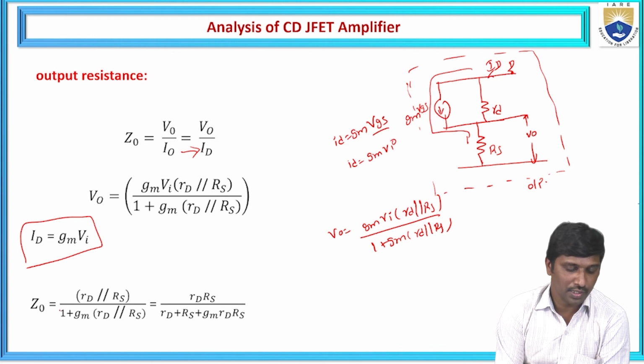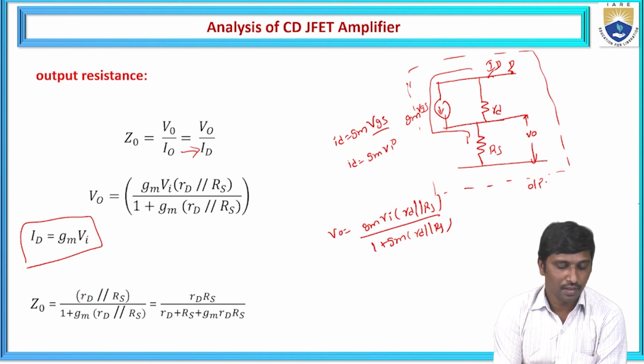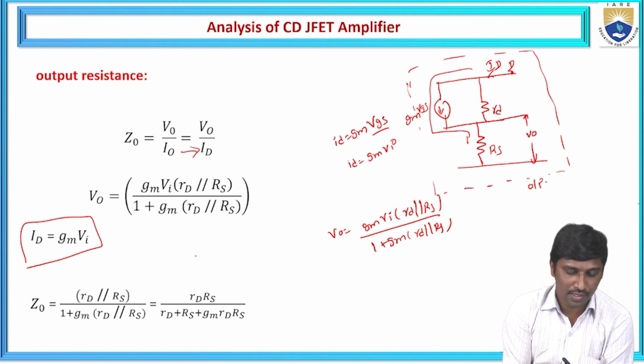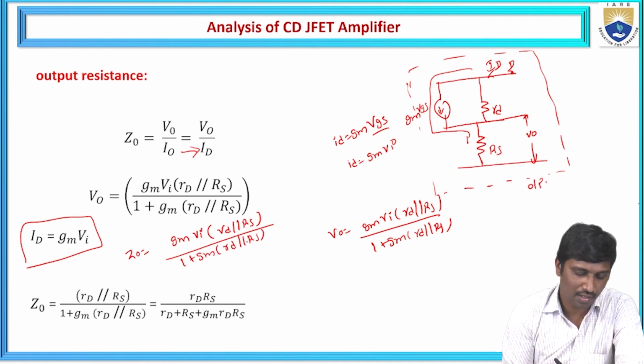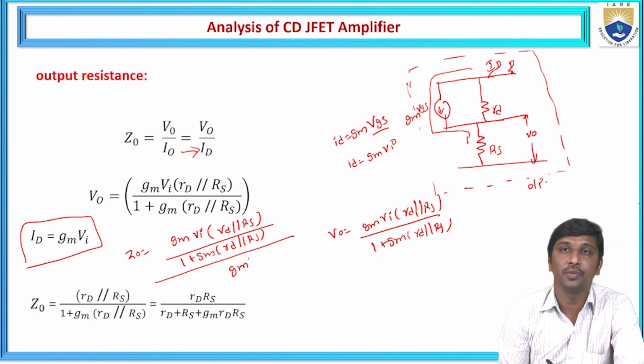Now you can substitute this one. If I substitute this, Z0 is equal to V0, which is gm into Vi, RD in parallel combination with RS, by 1 plus gm times RD in parallel combination with RS, divided by the ID value, which we took as gm into Vi.